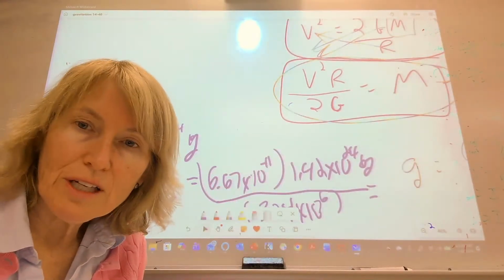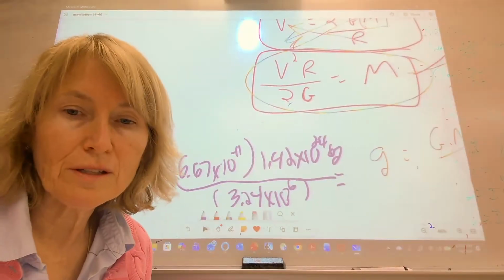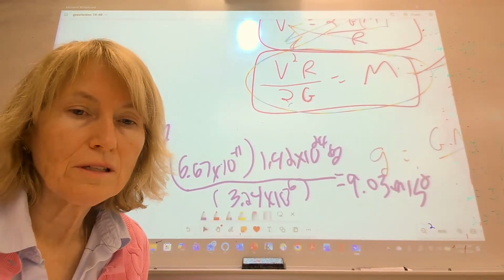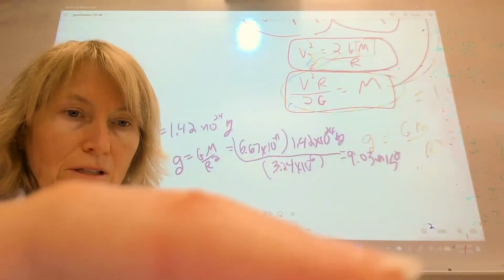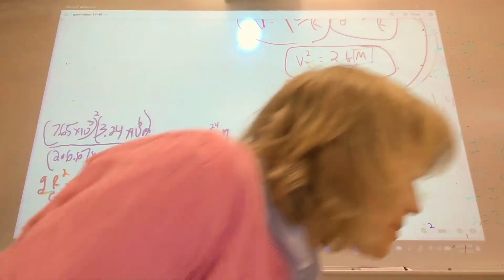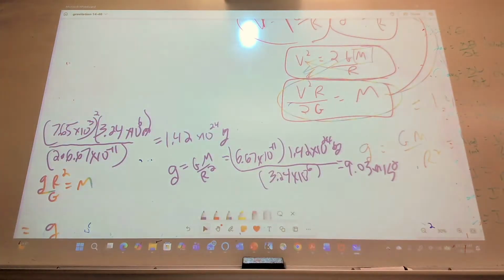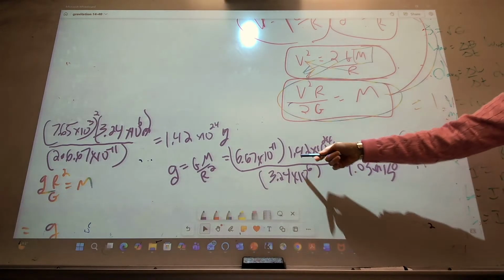You should get a g of 9.03. That's 1.42, not 1.24.